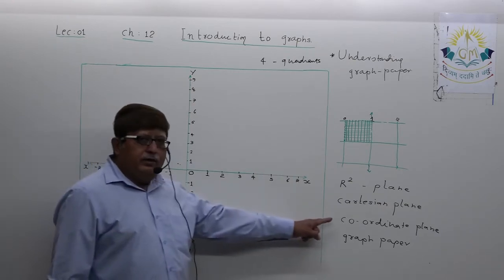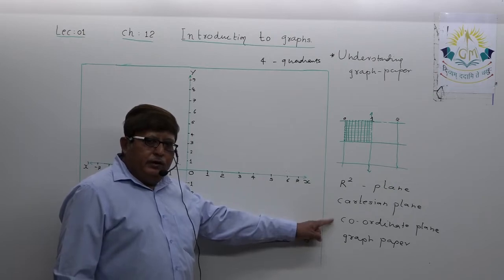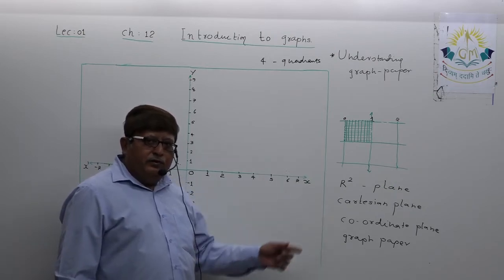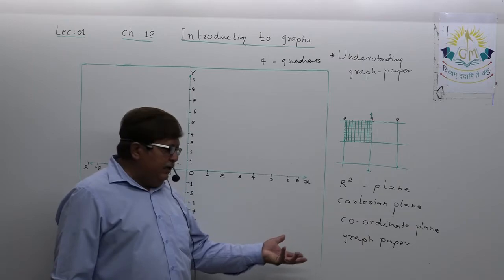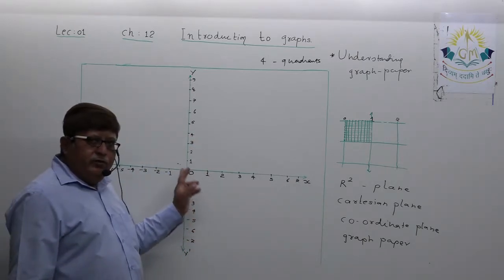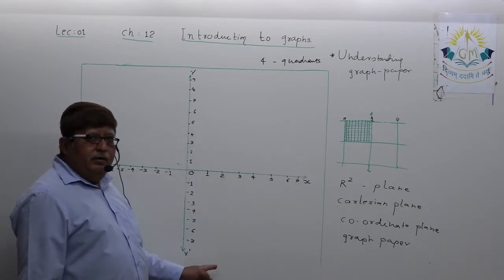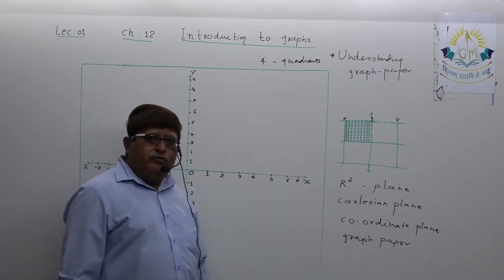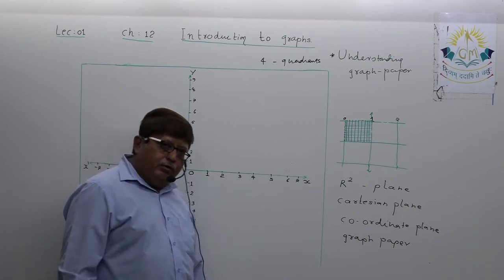That's why we call it the coordinate plane. Cartesian, because Cartesian, the mathematician, gave the total idea. R2 plane, because there are two axes only, x axis and y axis. So it is also known as the R2 plane.